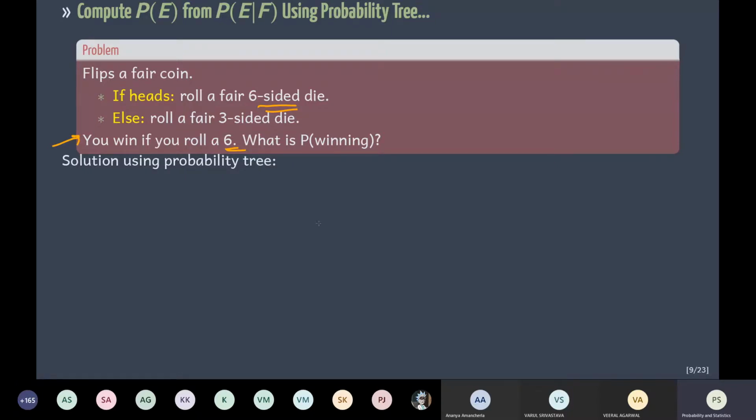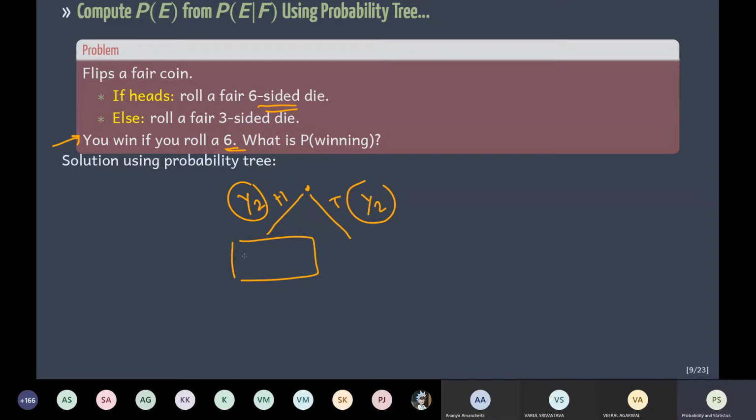Right. So the initial condition that we have is decided by the coin. Okay, so it's either heads or tails. The probability that I go here is half. And if it is head, then I roll a 6-sided die.